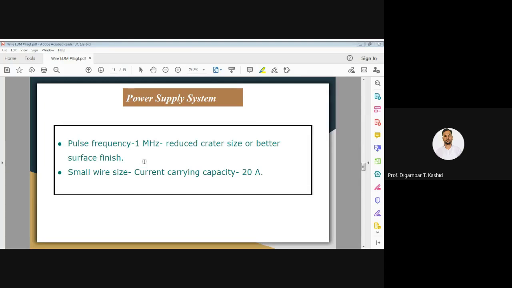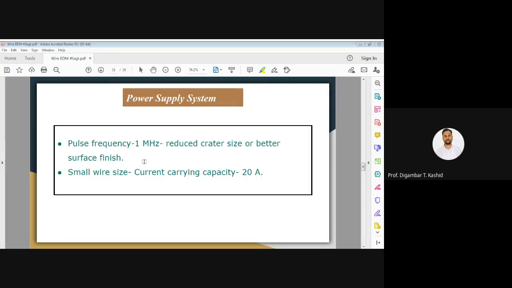So we cannot expect a very big crater, we need a very small crater. For getting this small crater, we have to use a high frequency of current. Whatever DC power supply we are going to use should have a high frequency of current.